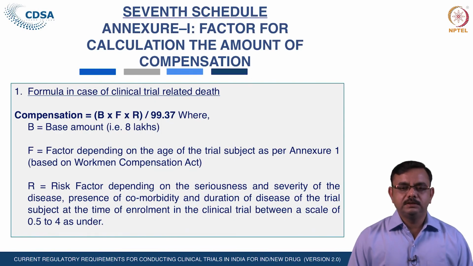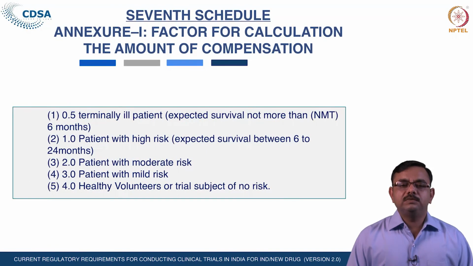This grading scale is from 0.5 to 4. The factor 0.5 applies in case of a terminally ill patient, and terminally ill means whose expected survival is not more than 6 months.